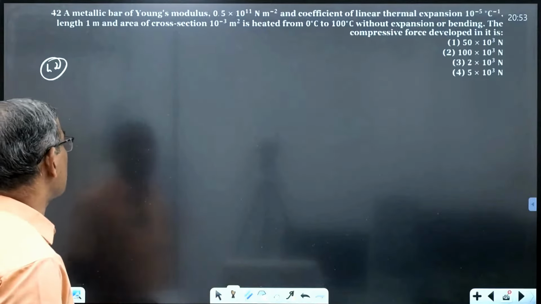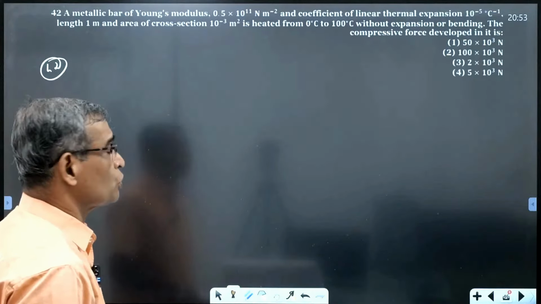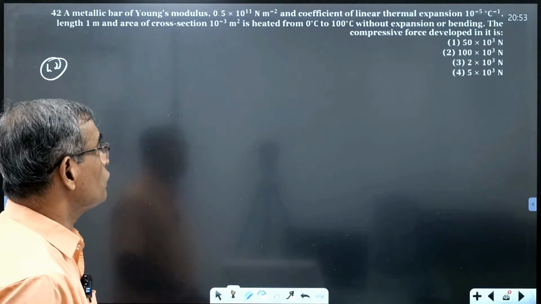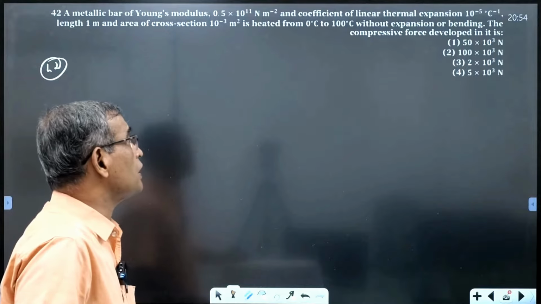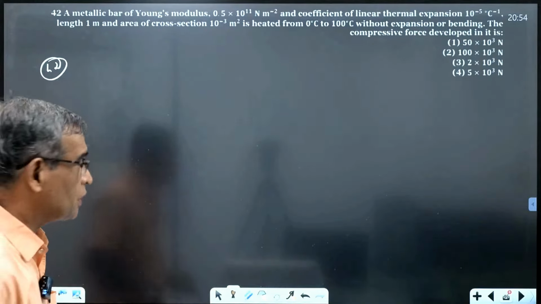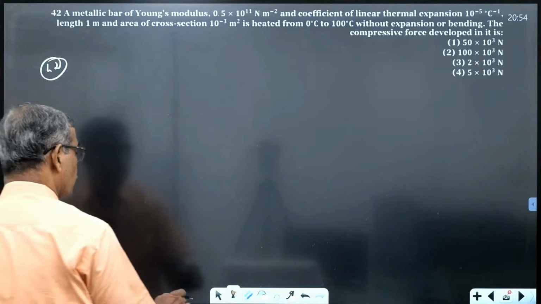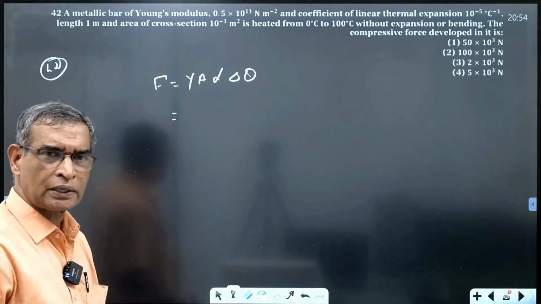Length is 1 meter and area of cross section is 10 raised to minus 3 meter square. It is heated from 0 to 100 degrees centigrade without expansion or bending. Then the compressive force, that is the thermal force generated. The thermal force formula is directly with you, F is equal to Y A alpha delta theta. You have to substitute straight away and get the answer.